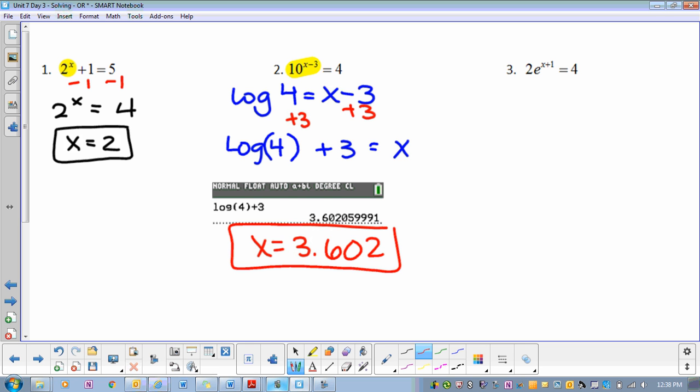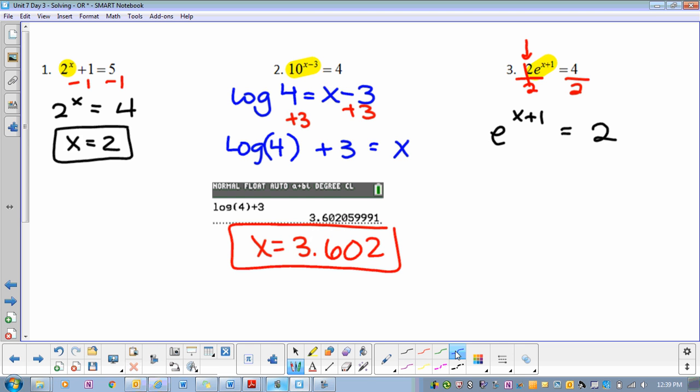So look at number 3. Guys, what is the exponential here? It's the e. So you have to get rid of that 2. How do you get rid of this 2? Divide. Good. So then you have e to the x plus 1 equals 2. Can't figure that one out, that was not an easy one.